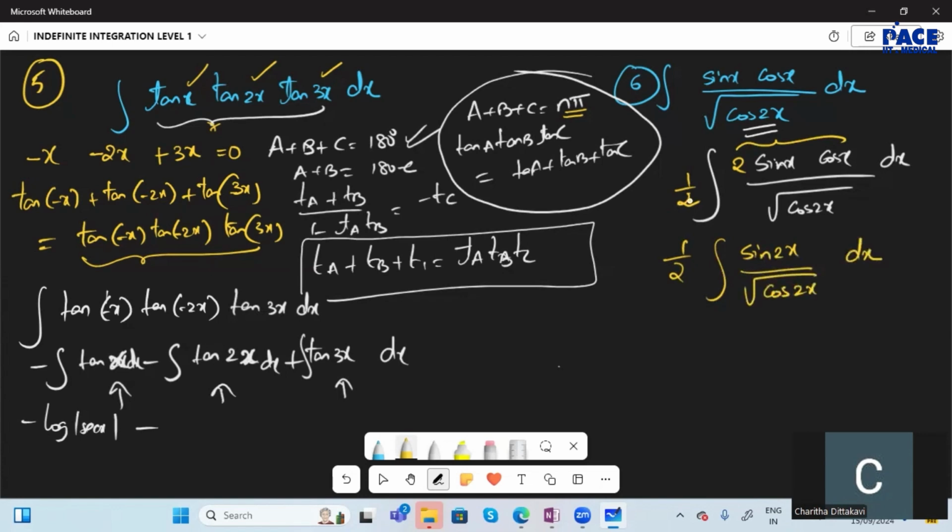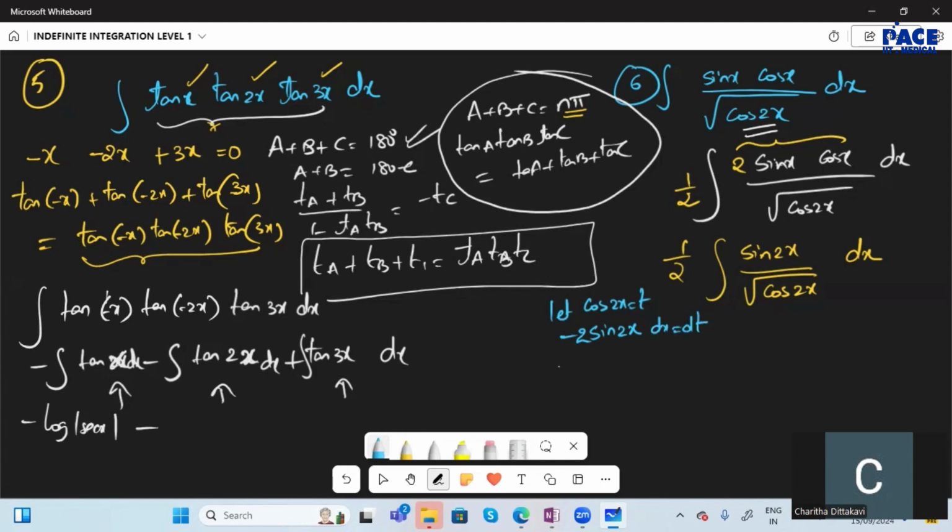Is that clear? Right. Now there is some suitable substitution we can do here. Let cos 2x equal to t. Now when cos 2x is t, tell me what is its differentiation. Cos 2x differentiation is minus sin 2x into the differentiation of 2x, that is 2 dx equal to dt, right?